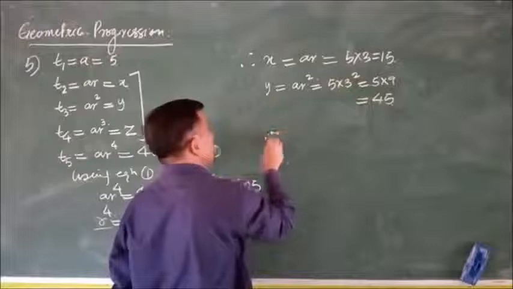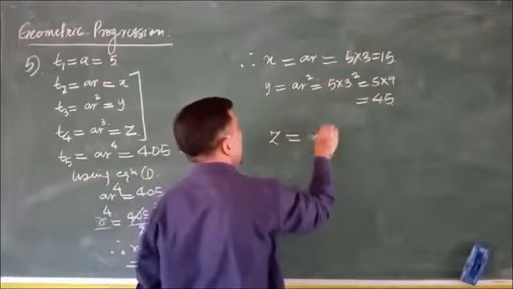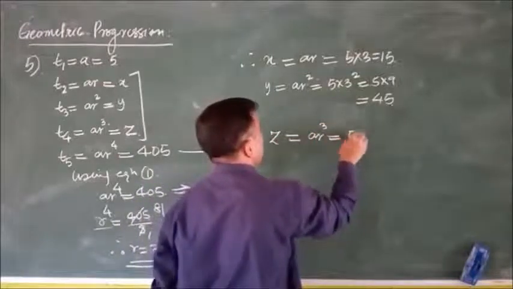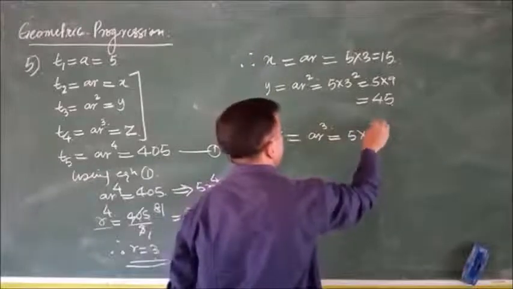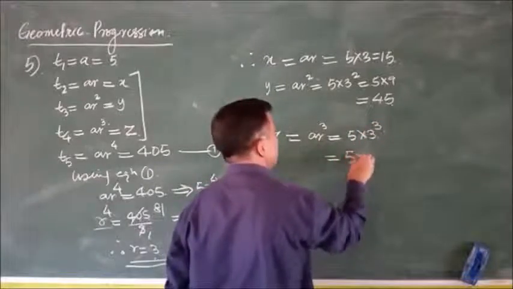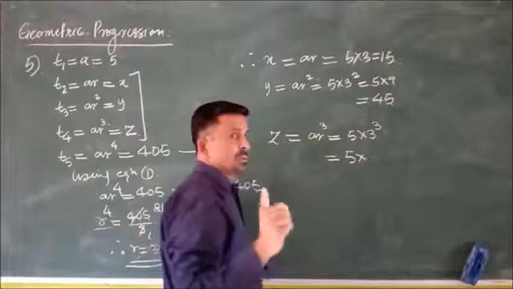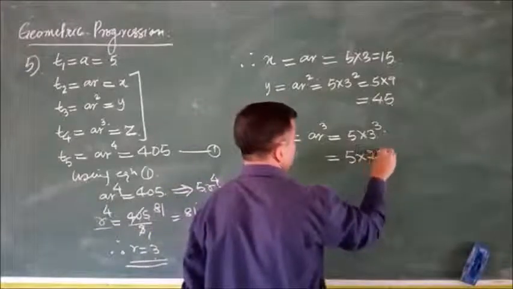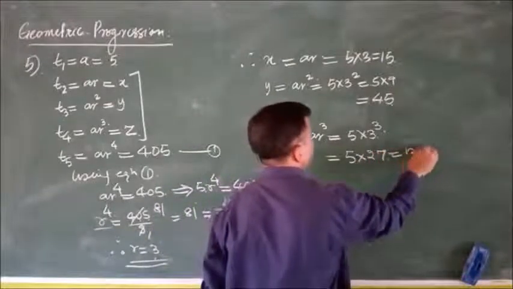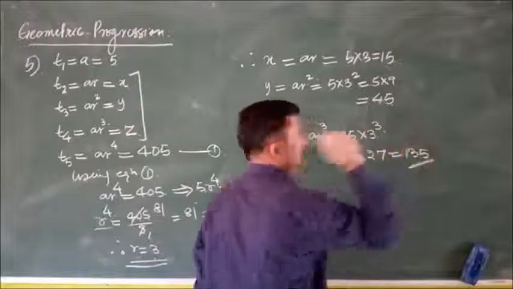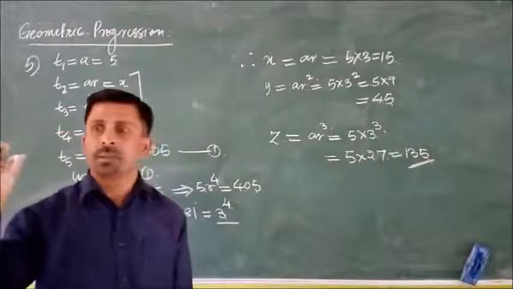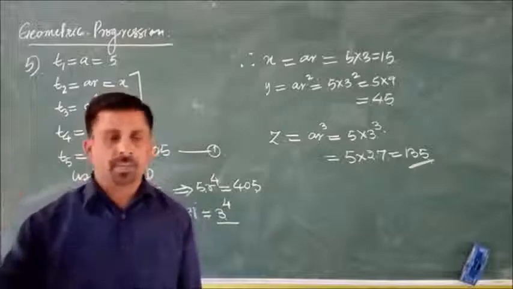And then similarly, Z is equal to AR cube is equal to 5 into 3 to the power 3. 3 to the power 3 is 27. 27 5s are 135. Is it very clear? Yes. Is it understood? Yes, sir. Thank you.